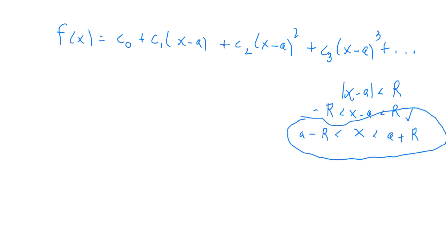What they're doing here when they add in this condition is saying, if you're going to take a function and represent it as a power series, please recognize that the function will only be equal to its power series over an interval of convergence. Okay, so that's very important. Very important indeed.